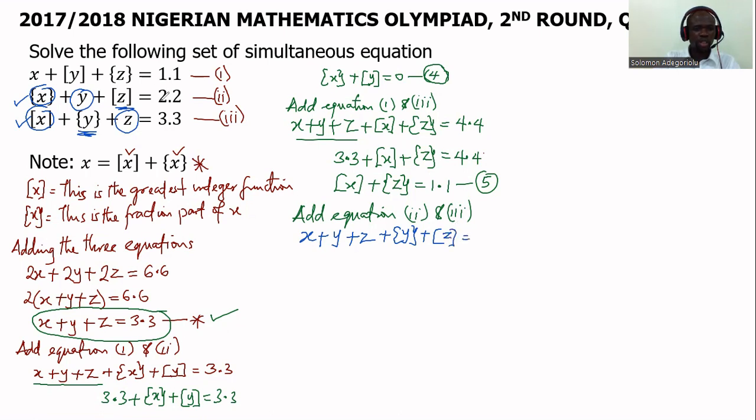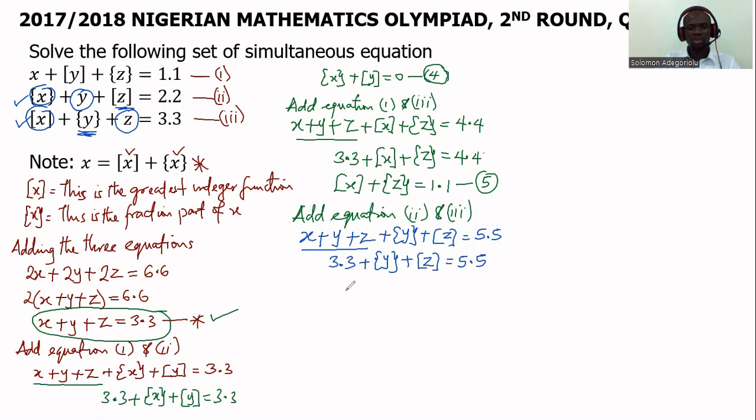If we add these two together, 2.2 plus 3.3, that's going to give us 5.5. Don't forget that this as well is equal to 3.3. So here is 3.3, then plus the fraction part of y, and plus the greatest integer of z, which is equal to 5.5.